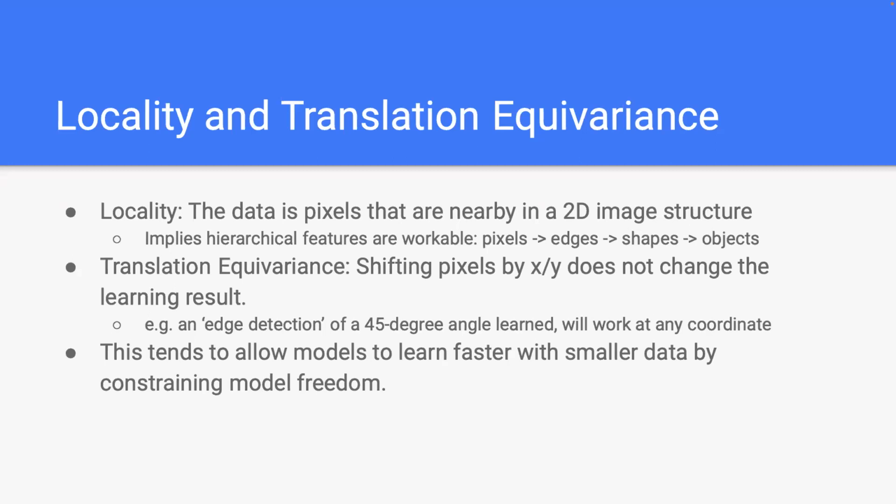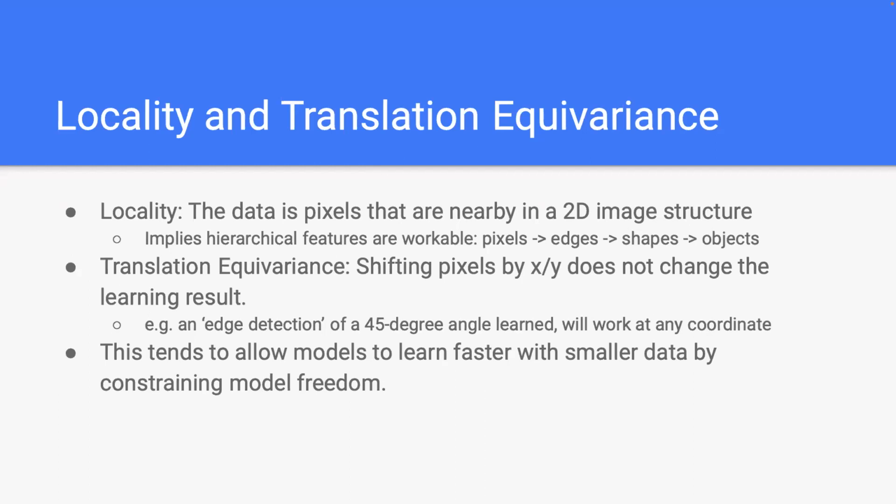And translational equivariance is basically a fancy way of saying that if you shift around the pixels in the image, what neurons can recognize in one part of the image will also be recognized over here. So if I have neurons that recognize a 45-degree line in the top left-hand corner of the image, and I move that over to the bottom right-hand corner, those same neurons will still recognize the 45-degree angle.